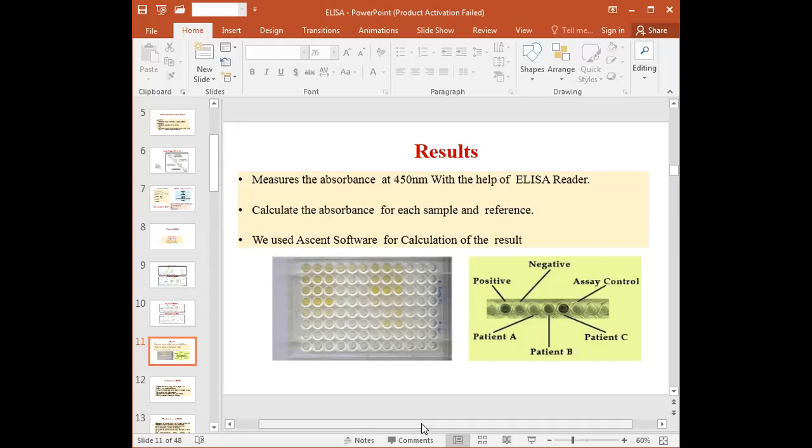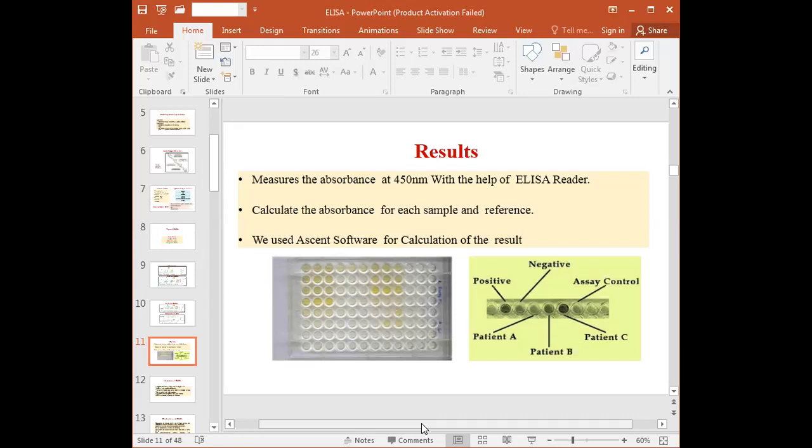And you have to analyze the sample under a particular instrument known as an ELISA plate reader. There you will get different absorption values, and you have to analyze the absorption values against the other two data sets, that is the positive and negative control, and one should be an assay control.